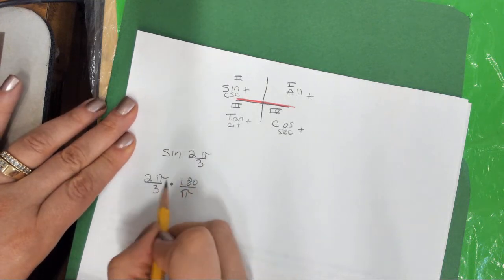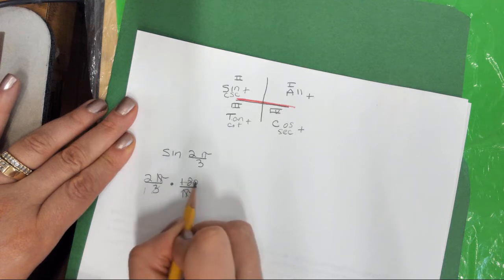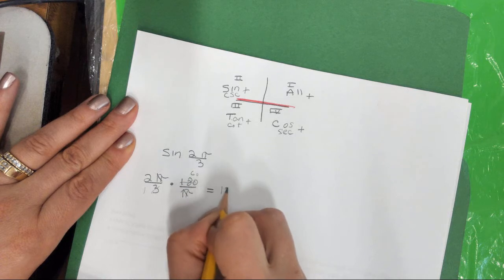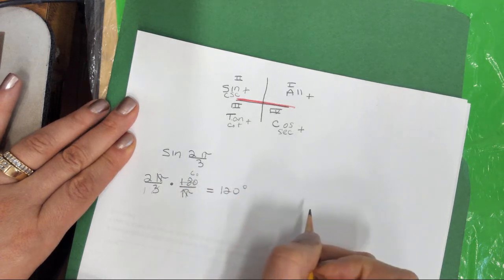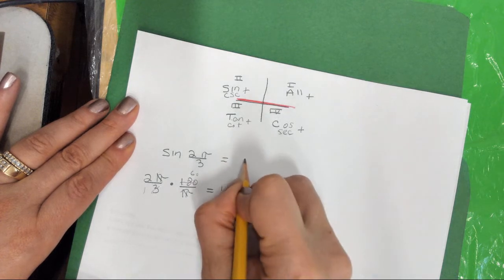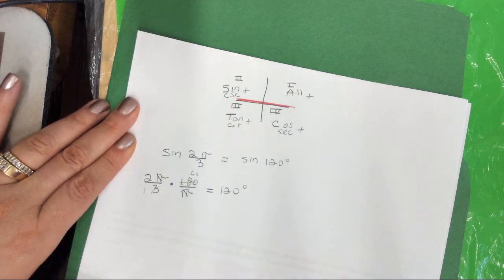And so when I multiply these, my pi's cancel. 3 goes into 3 once, 3 goes into 180, 60. 2 times 60 gives me 120 degrees. And so I know sine of 2 pi over 3 is equivalent to sine of 120 degrees.